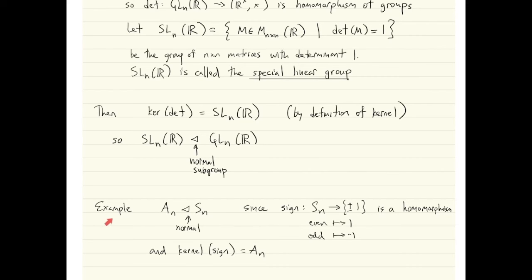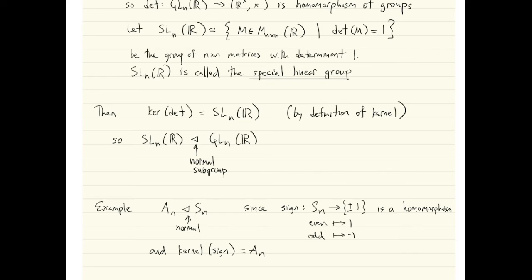Let's do another example. The alternating group AN is a normal subgroup of the symmetric group on n letters, Sn. And why is that? Well, there's a homomorphism called the sign homomorphism that goes from Sn to the multiplicative group of plus or minus 1, that sends even permutations to 1 and odd permutations to negative 1.